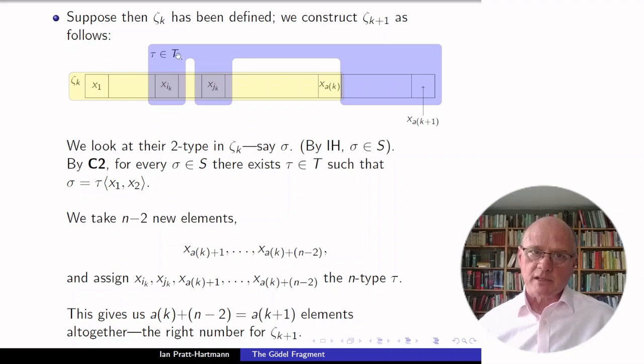So what we'll then do is define the n-type featuring xik, xjk and these fresh elements to be tau.